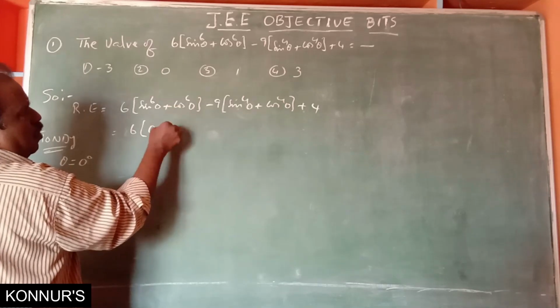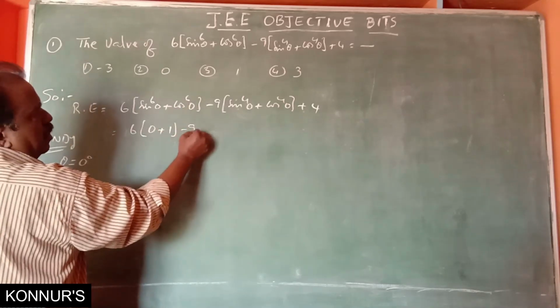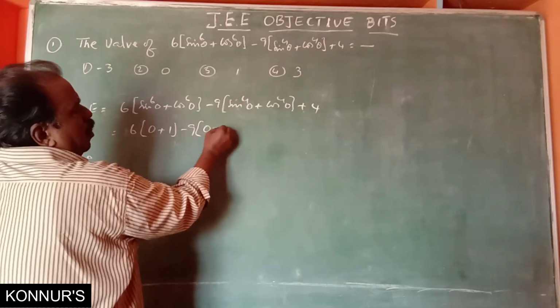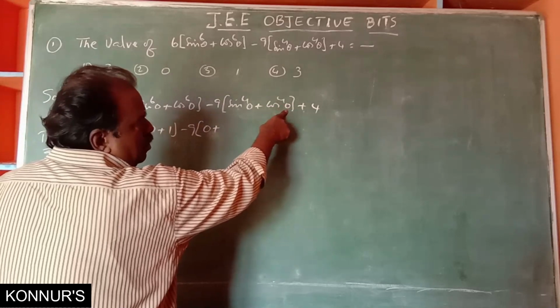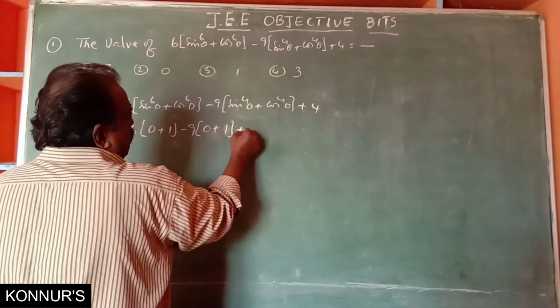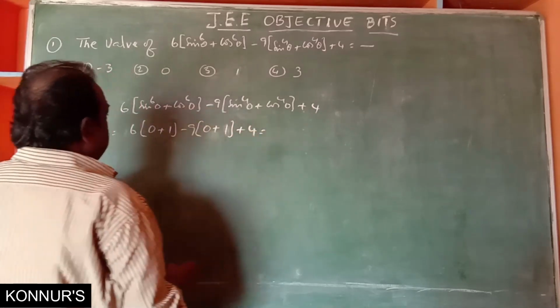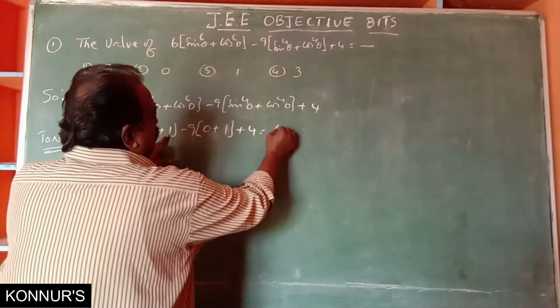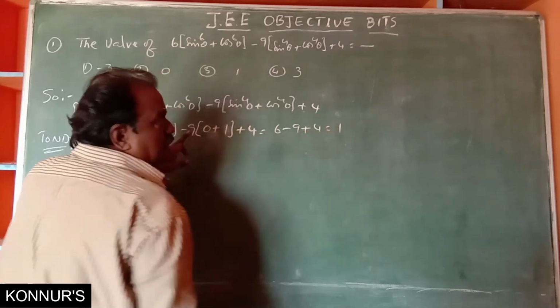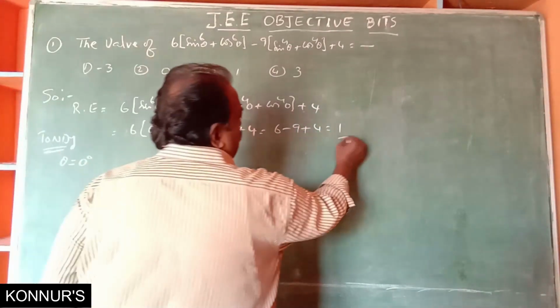Cos 0 is 1, 1 power 6 is 1 only. Same for the other: sin 0 power 4 is 0, plus cos 0 is 1, 1 power 4 is 1, plus 4. So it is 6 into 1, 6, minus 9 into 1, 9, plus 4. So we get 1.